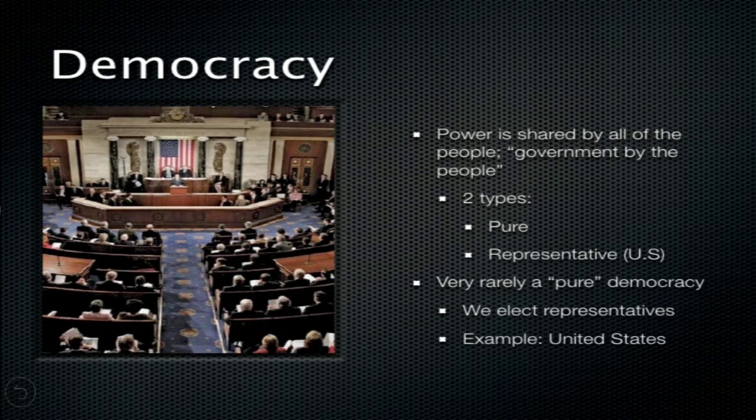Why are they referred to as representative democracies? Because people do not participate directly, but instead they choose their representatives through an election process. And these representatives meet and make decisions for the entire population.